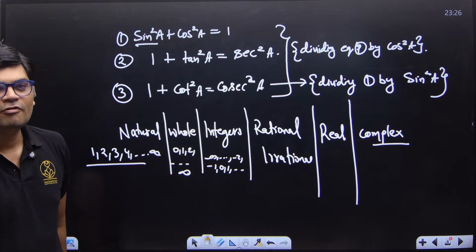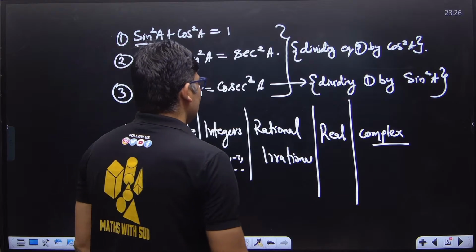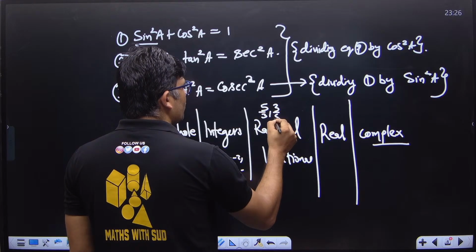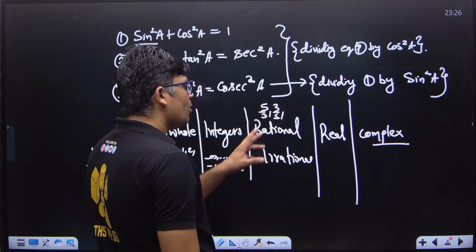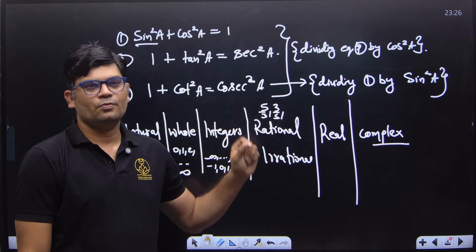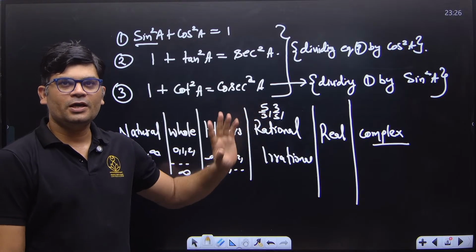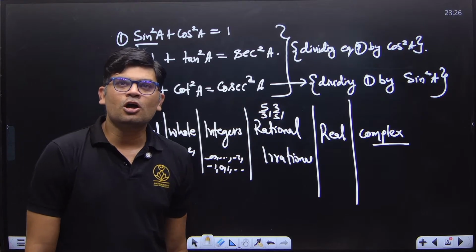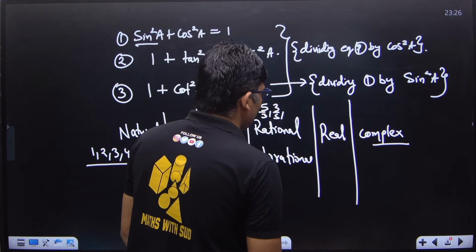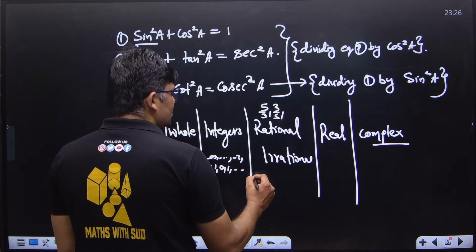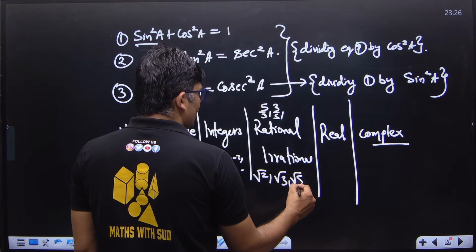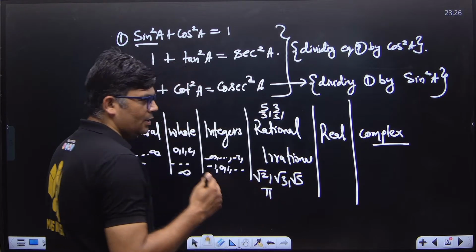So integers means negative numbers included. Rational means fractions are also now included. So now you can talk about 5 by 3, 3 by 5, those numbers which can be written in the form of p by q. And you can also talk about numbers which cannot be written in the form of p by q: square root of 2, square root of 3, square root of 5, pi.